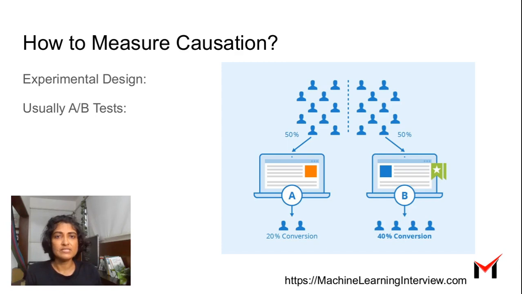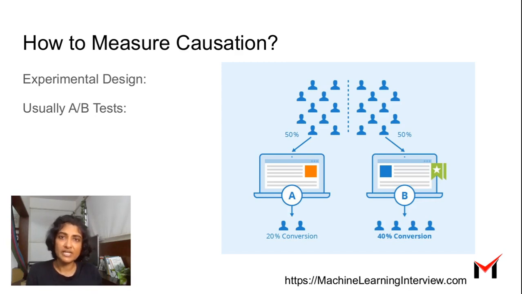So for example, suppose you introduced a feature on the website, the star feature, and you want to see whether it is leading to increased conversion. So you typically divide your data into multiple groups. Here, two groups.